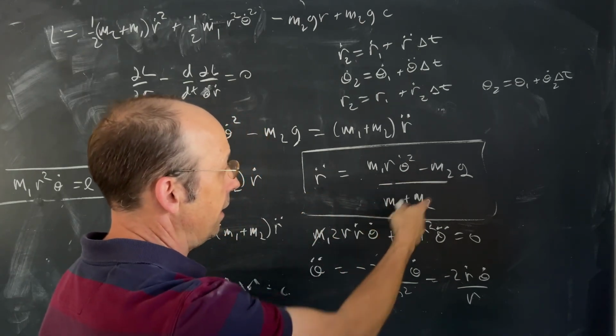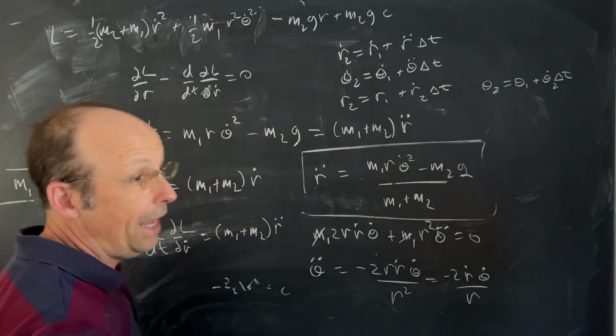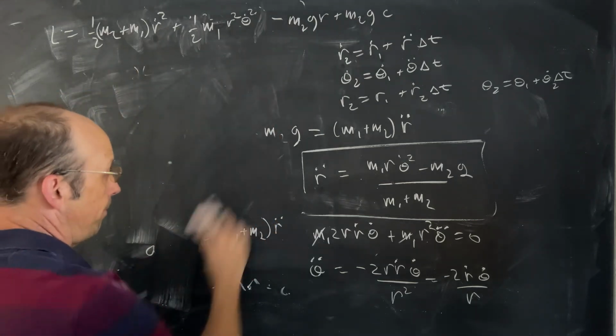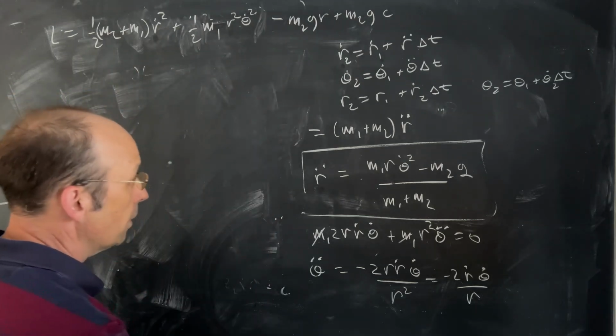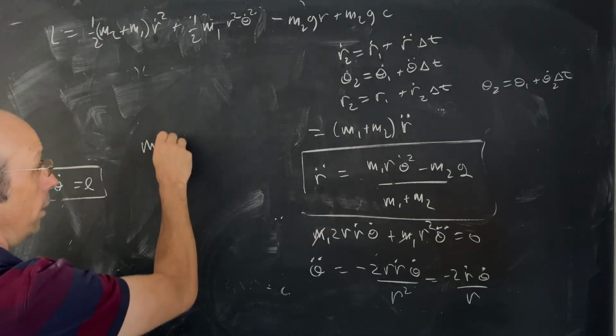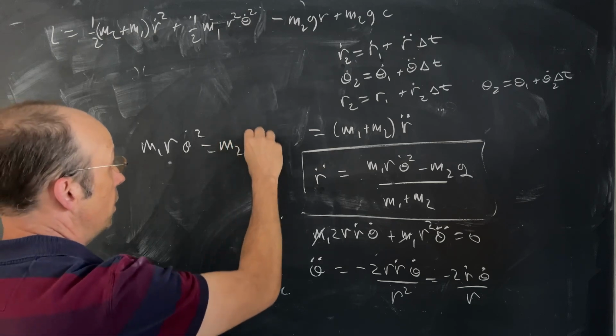So I could just set this up and solve for theta dot. That's what I'm going to do. So I got to pick a value for r, but that's fine. So let's just solve this. R double dot is 0, so I get m1 r theta dot squared equals m2 g.